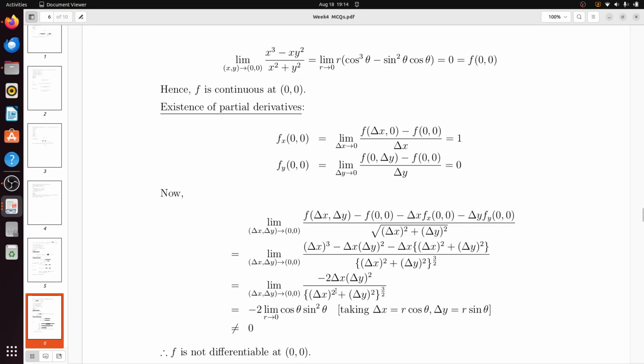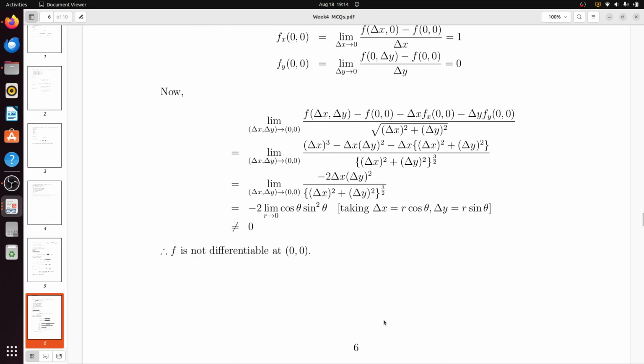So now what we get is minus 2 delta x into (delta y) whole square over ((delta x) whole square plus (delta y) whole square) to the power 3 by 2, as (delta x, delta y) tends to (0,0). So minus 2 limit cos theta into sin square theta. If you put delta x equal to rho cos theta, you can take r cos theta or r sin theta, but you can also take any other notation, because we have already taken rho and theta, r and theta.